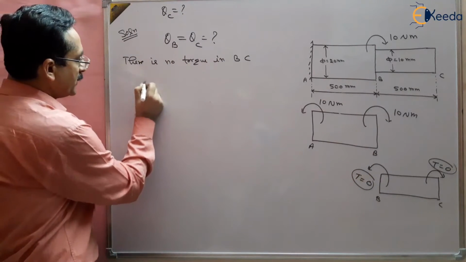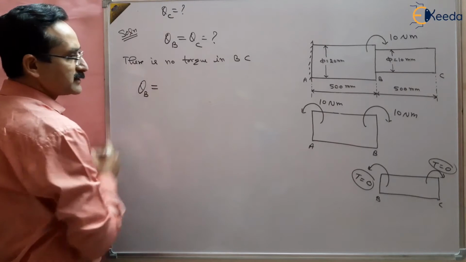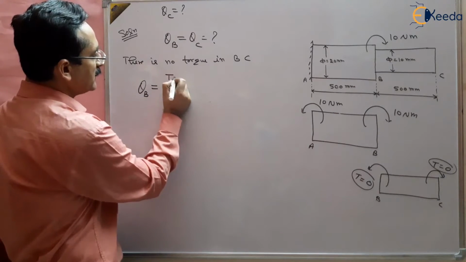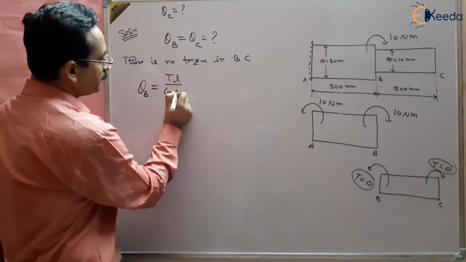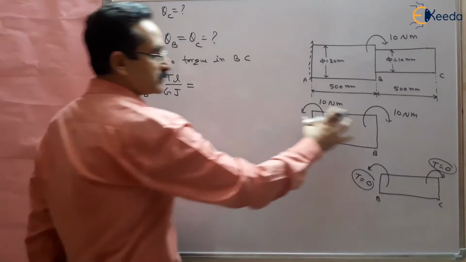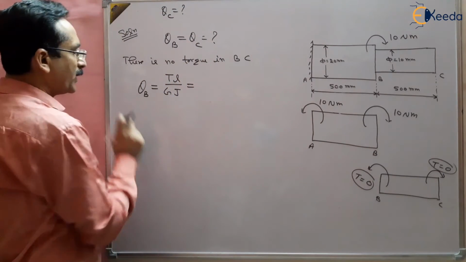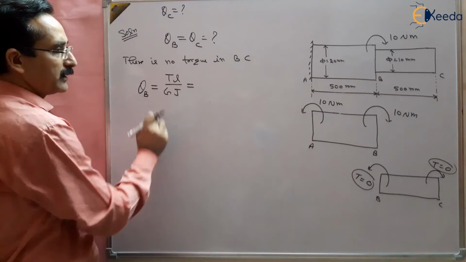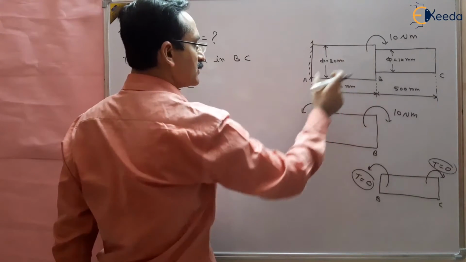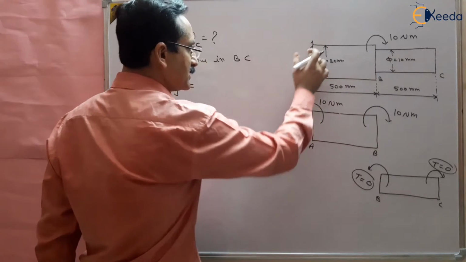Theta B can be written using the traditional formula, TL upon GJ, with the torque in this part AB, because this part is fixed. Whatever the twist is, it is in the AB part, because A is fixed.